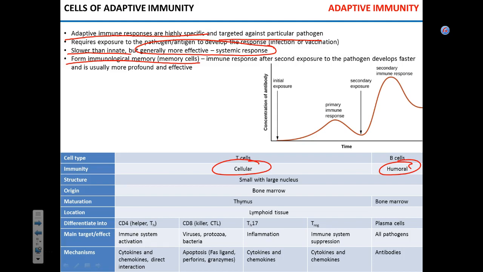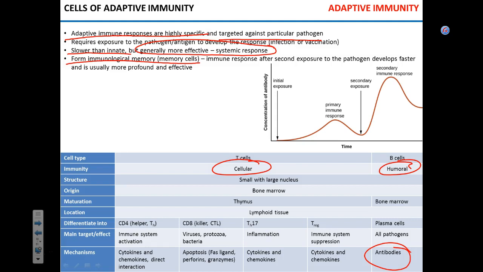These names differentiate the 2 branches based on the effectors, the mechanisms used by each arm in response to a pathogen. The cellular arm is basically various types of helper, killer, and regulatory cells. The humoral branch's actions are mediated by antibodies.